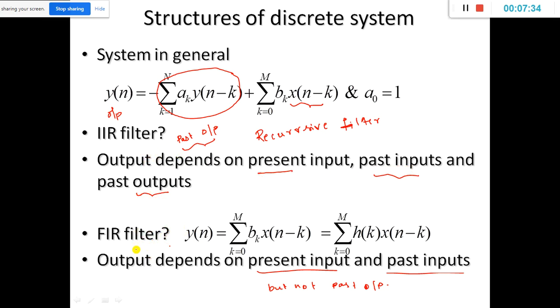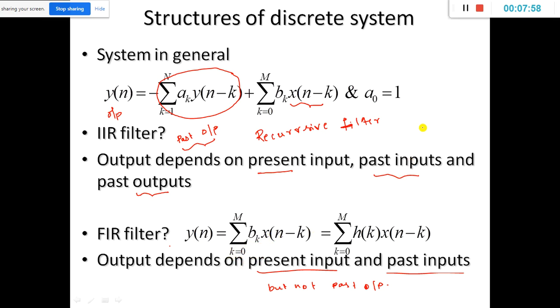Whereas in an FIR filter, the output depends only upon the present input and the past inputs, but not on the past outputs. Many times we will ask you, either in lab or even in theory, the difference between the IIR filter and the FIR filter, probably for 5 marks.